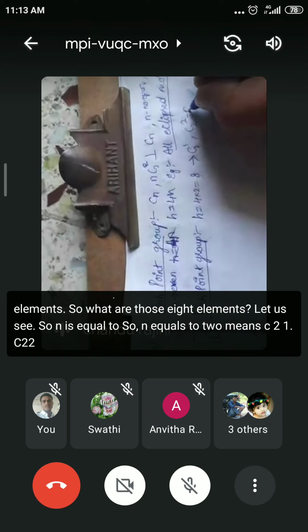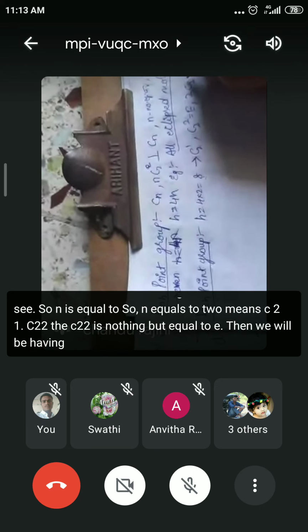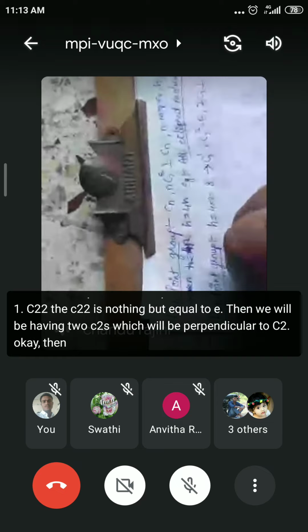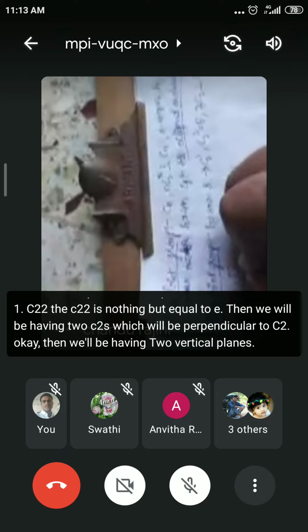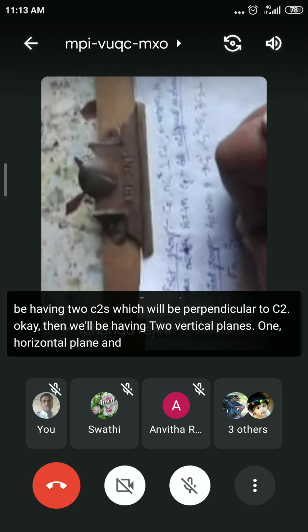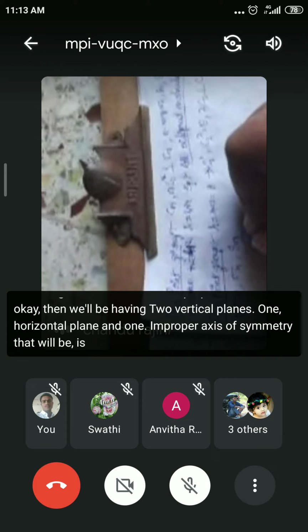This C2^2 is nothing but equal to E. Then we will be having two C2s which will be perpendicular to C2. Then we will be having two vertical planes, one horizontal plane, and one improper axis of symmetry, that will be the S2 axis of symmetry.